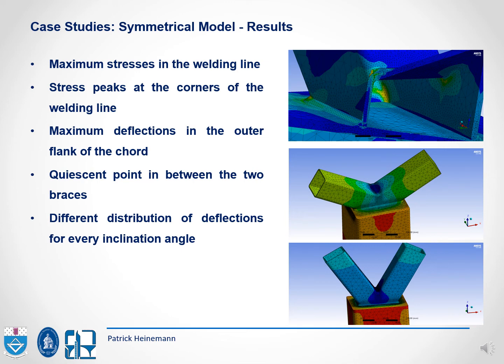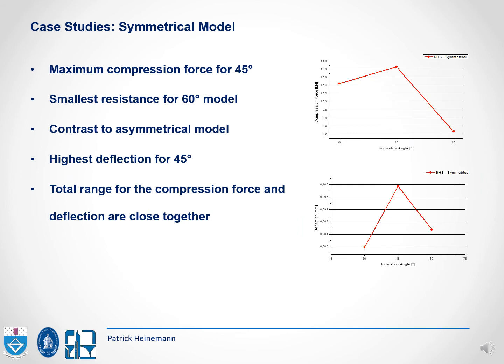Depending on the inclination angle, different distributions of deflections arise. The 45-degree model is the strongest node. In other words, the highest compression force can affect this node.